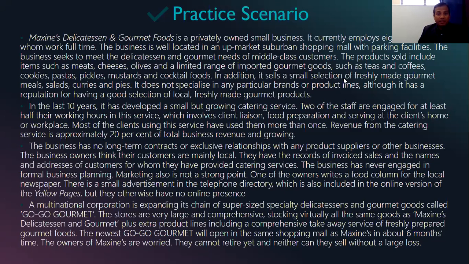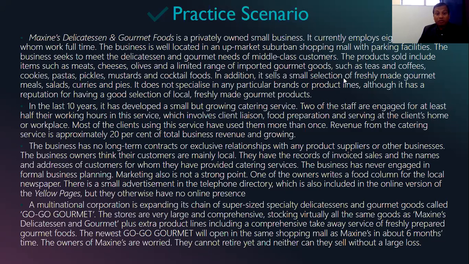If you look at the second paragraph, it talks about some of the revenues, profitability, and performance of this small business. Keep in mind, your assumptions have to be all around the small business case. The third paragraph talks about some of the issues, like the company doesn't have loyal suppliers.